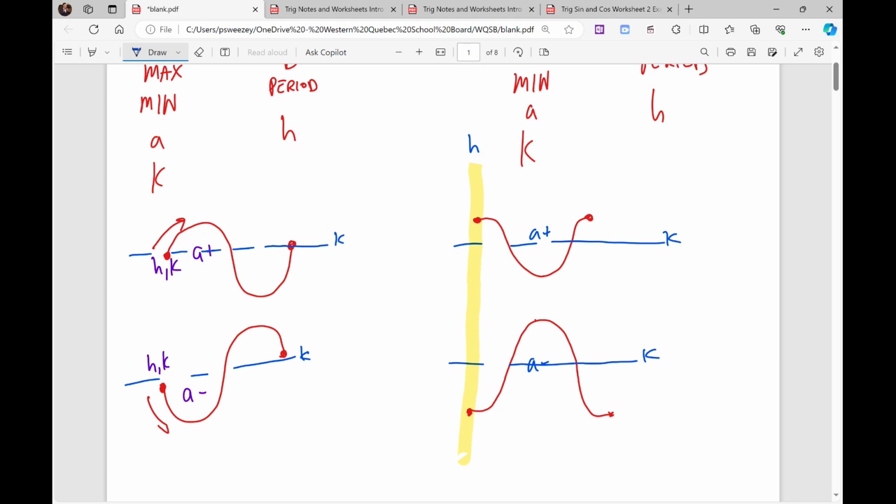And your H and K aren't really connected anymore. With sine, H and K are in the exact same spot where I'm starting. With cosine, H and K are in two different places. So that makes it a little harder to wrap your head around. We're going to look at a bunch of examples here so that you can do some mental reasoning.